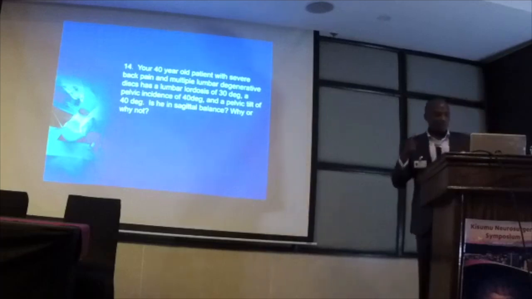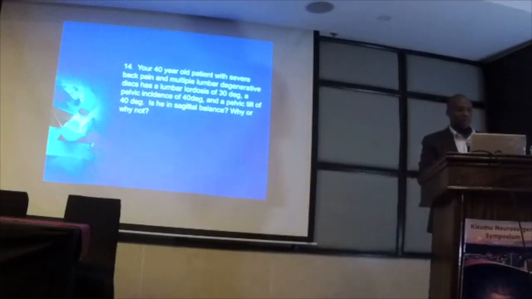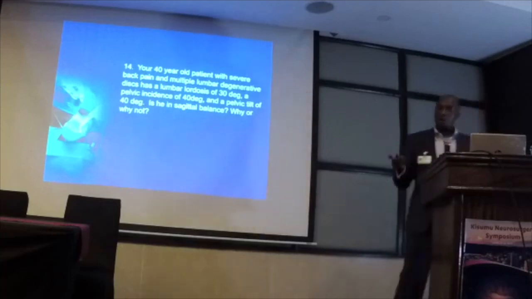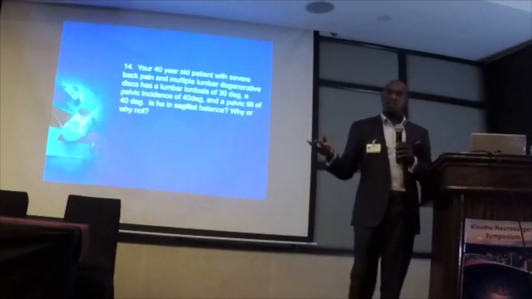So, question. A 40-year-old presents with severe back pain and multiple lumbar degenerative discs and has a lumbar lordosis of 30 degrees, a pelvic incidence of 40, and a pelvic tilt of 40. Is this patient in sagittal balance, and why or why not? Just look at these numbers.